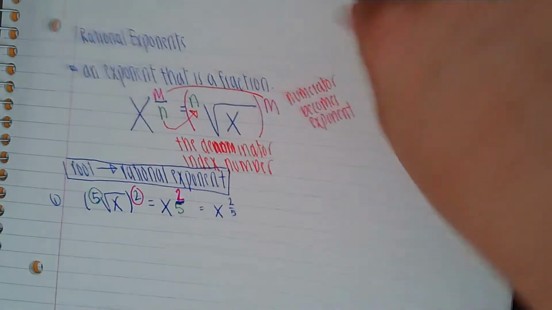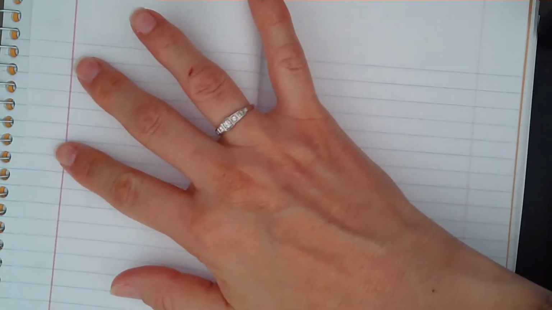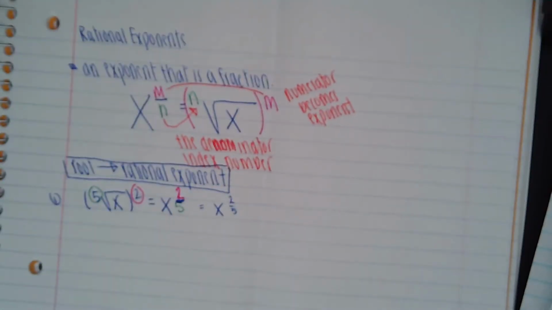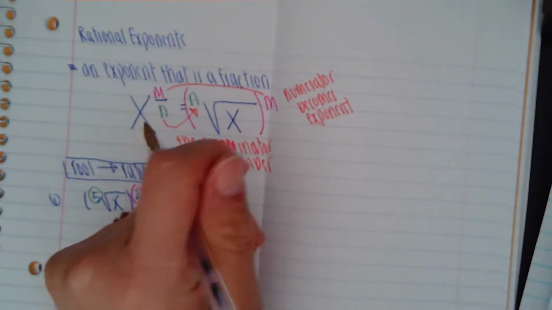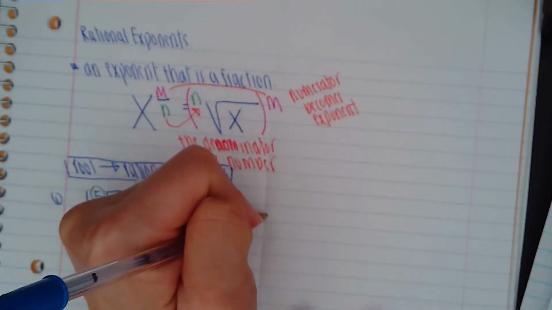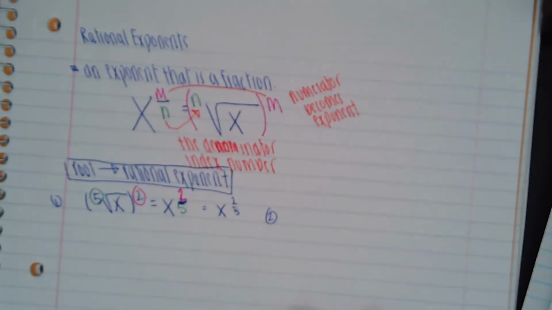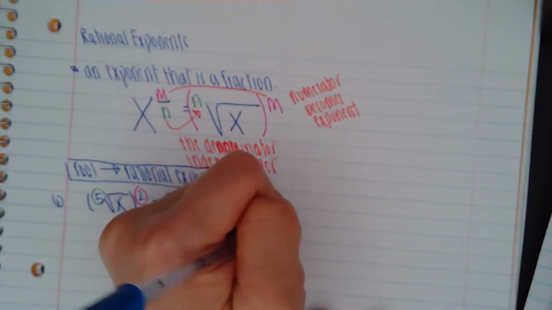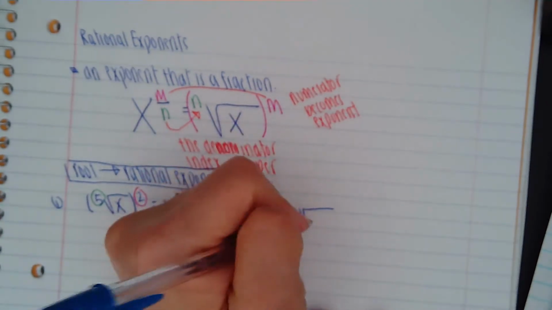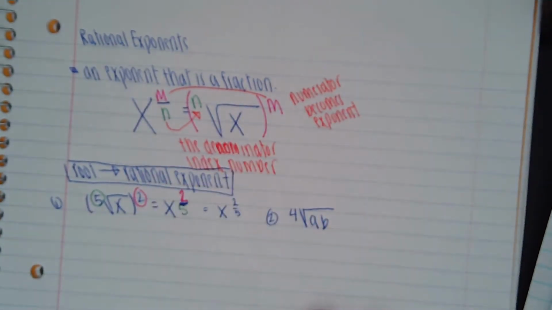Let me just fold my paper here so I don't write all over the place. All right, so let's give it another shot. Let's say that we have our next example, and the index is 4 of AB.